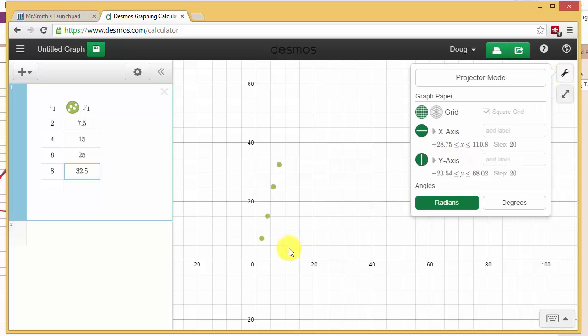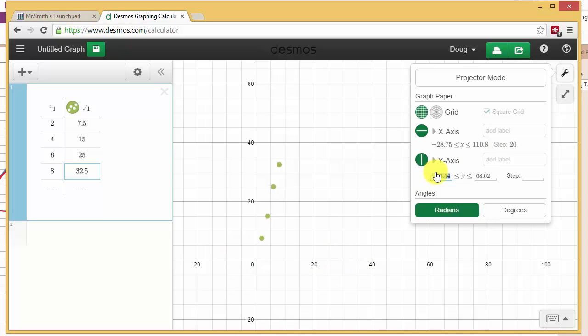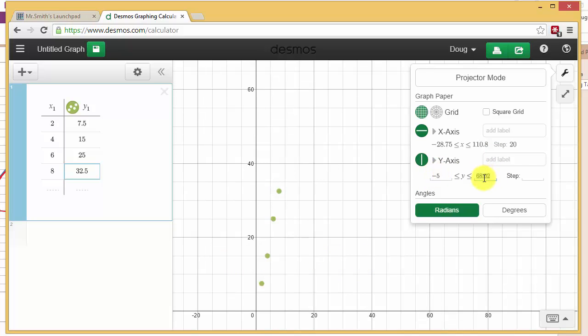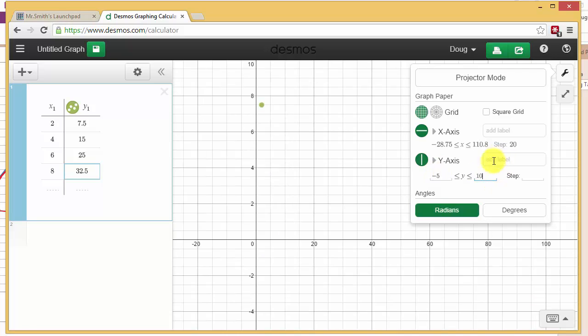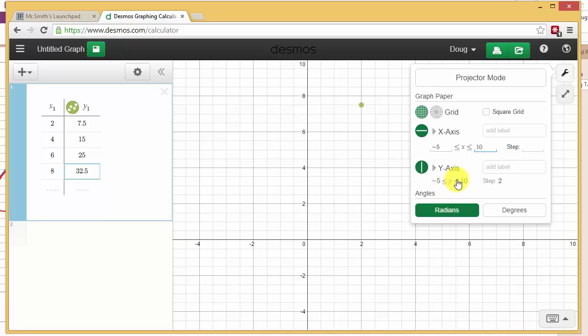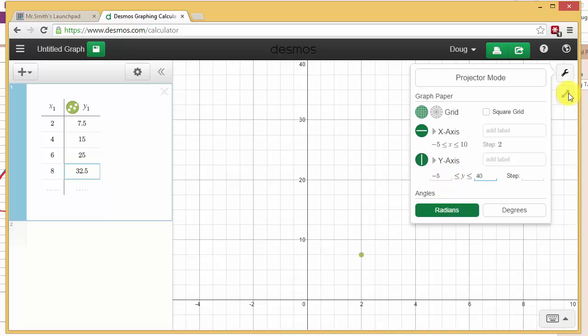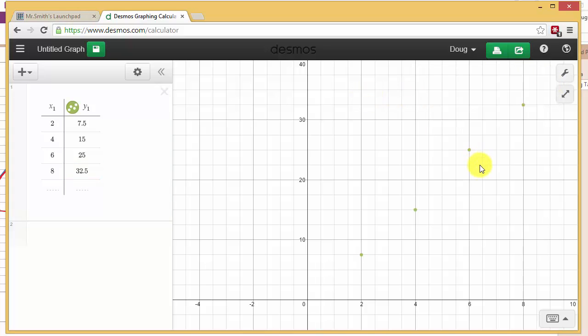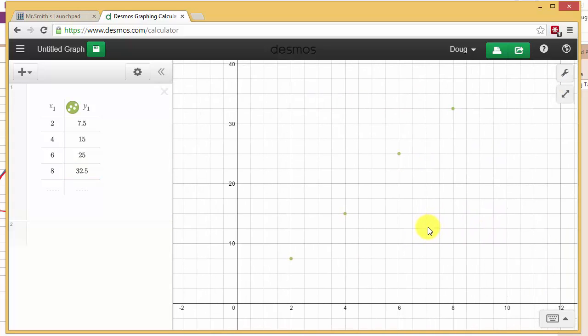On the x-axis, let's go from minus 5 to positive 10, and the y-axis from minus 5 to say 40. There we go. That's our area zoomed in.